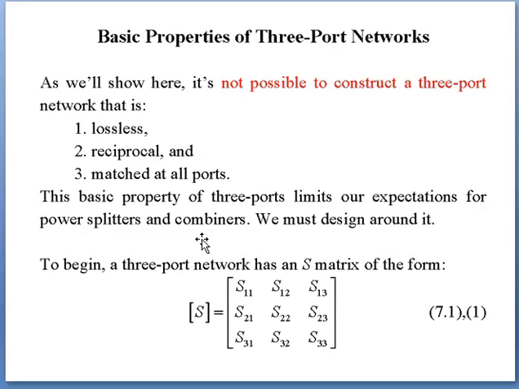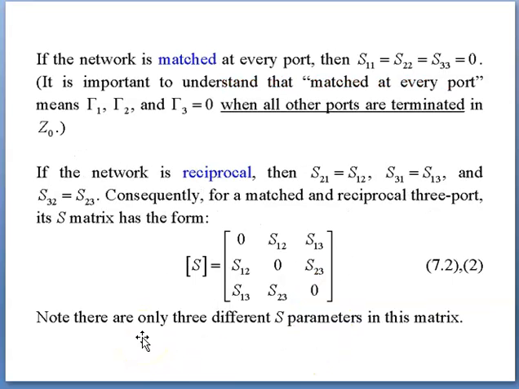Okay, so to begin, a three-port network has an S matrix of the form like this. Remember, because it is a three-port network, your S matrix will be 3 by 3. Now if the network is matched at every port, what does it mean by match?